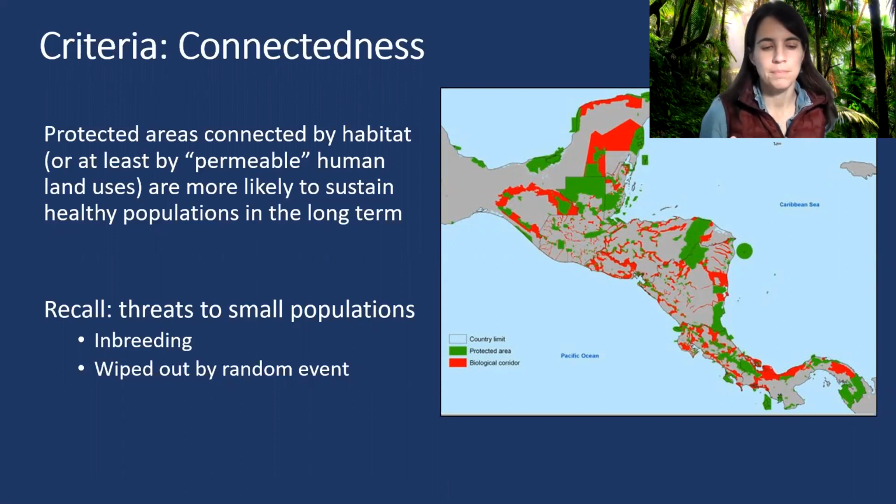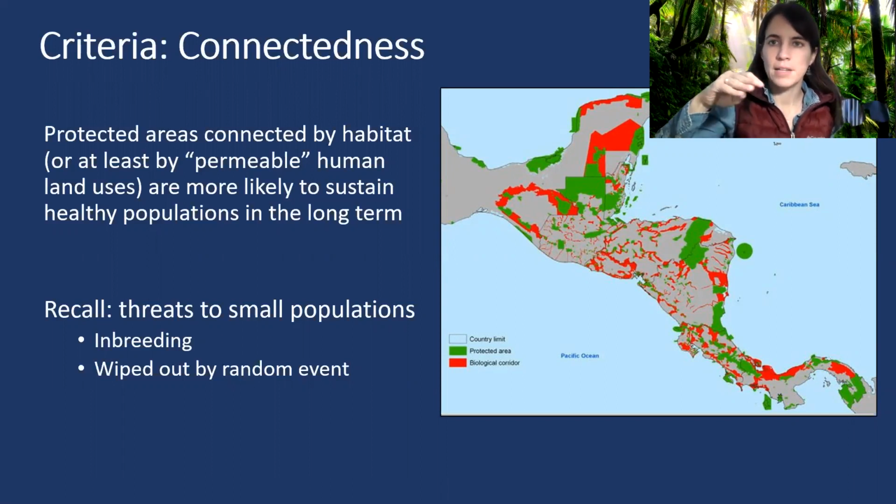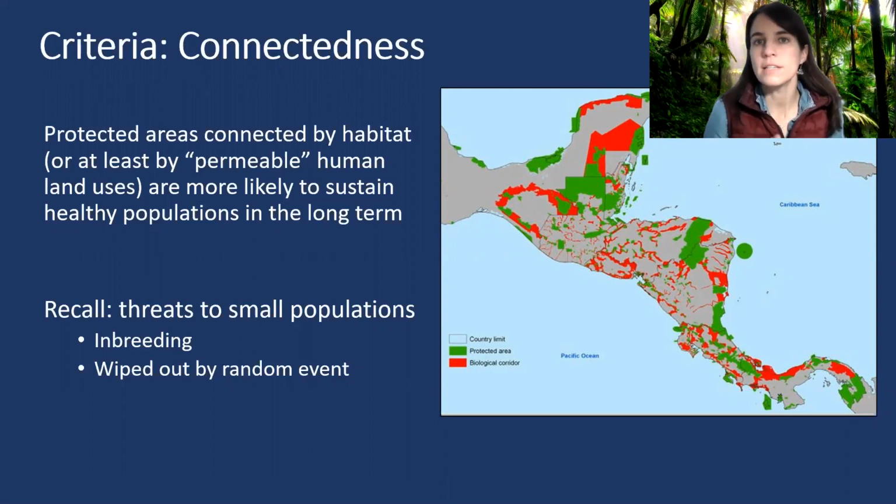Well, for most species of animals or plants, an agricultural field is more permeable, like you can move through it more easily than a city, for example. So protected areas that are connected by either habitat that's privately owned or by agriculture or biodiversity friendly land uses are more likely to sustain healthy wildlife populations or plant populations.